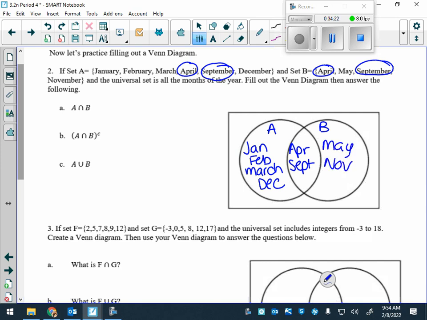Okay. Now, which months are not in either set? Go ahead, Kate. Yeah. Which will go on the outside. Okay. So now, the notation. A and B. Which months are in A and B?